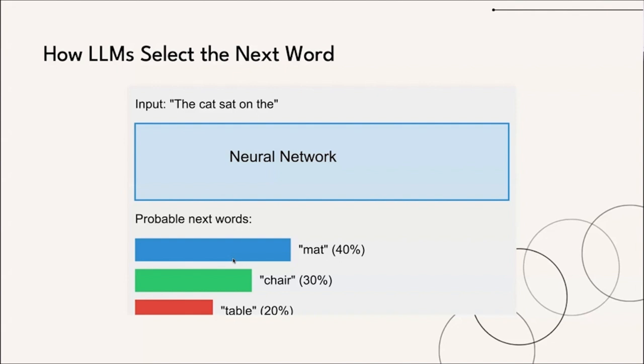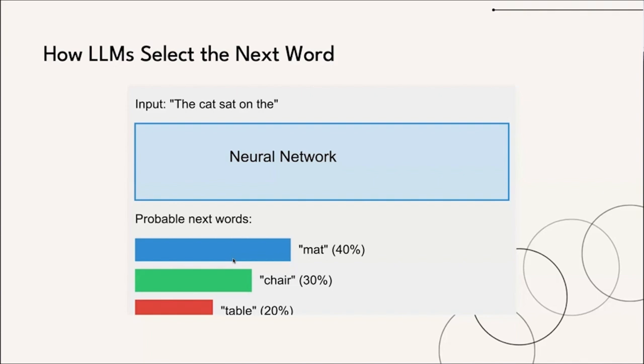From a neural network's perspective, it's trained on millions of documents, and what it's doing is guessing what is statistically the most probable next word, right? And in this case, mat is the frontrunner with 40%, chair with 30%, table with 20%, and you have a long tail of other words that are represented in the last 10%.